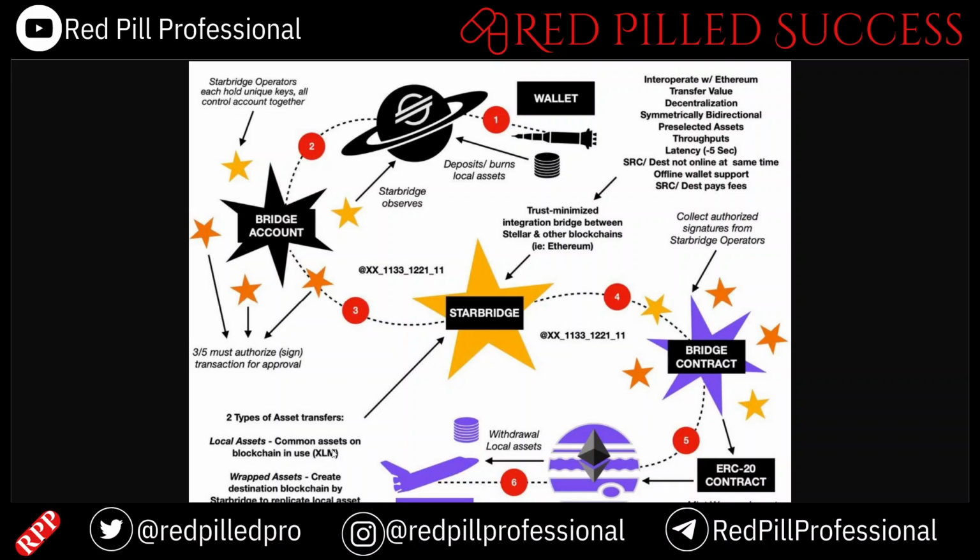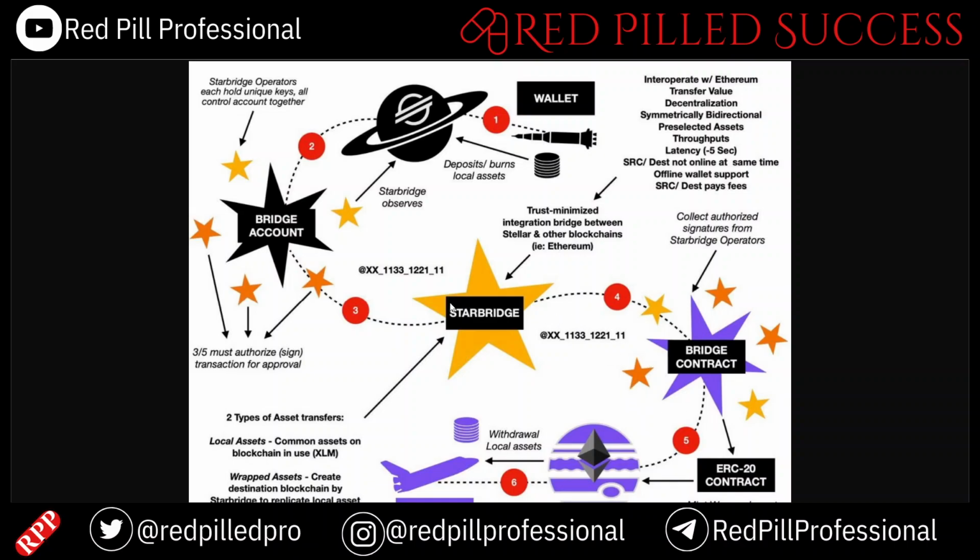Local assets, which are only on XLM, or wrapped assets, which create a destination chain by bridge to replicate local asset being sent from the original chain. So essentially it says you put XLM on here and you put it in a EVM contract, and then that XLM is represented on the Ethereum chain.